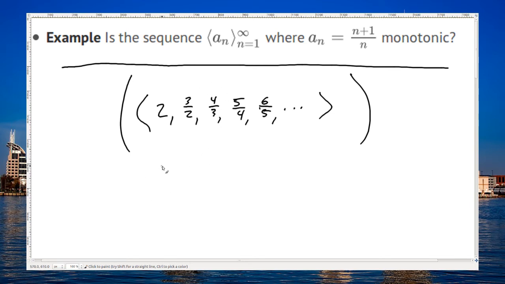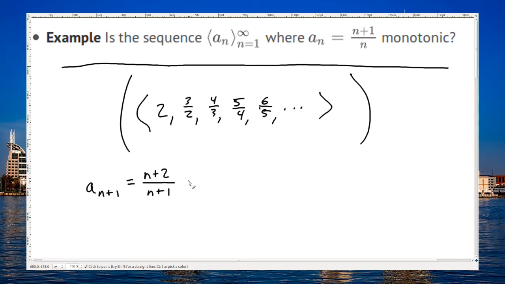The way I could prove this, if I want to do a rigorous proof, is I need to show that it's always getting smaller or the same. So a sub n plus 1, what would that equal? That'd equal n plus 2 over n plus 1. And then how can I rewrite that? I want to get that as a fraction over n, so I can compare it with an.